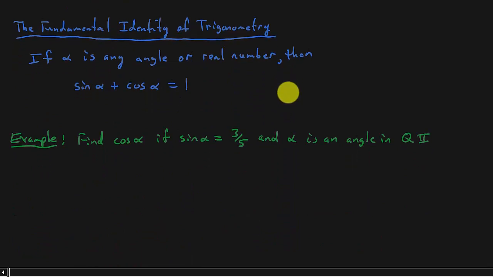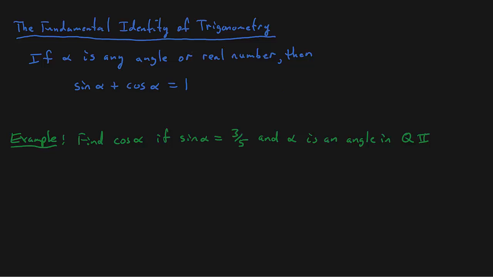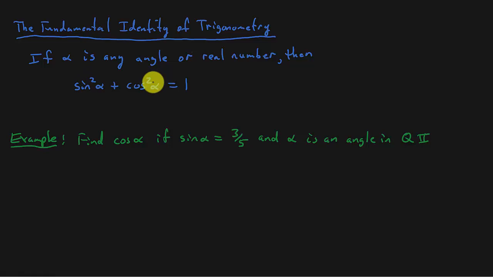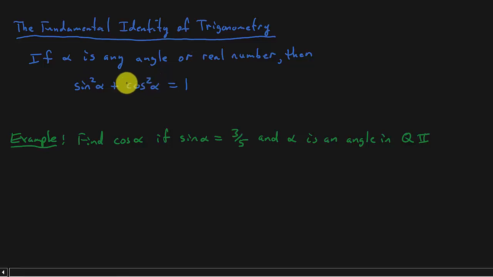All right, so the fundamental identity of trigonometry: if alpha is any angle or real number, then, well, look at that. I wrote that wrong, didn't I? Sine squared alpha plus cosine squared alpha is equal to 1. I left the squares off. I don't know why when I was writing these up, but that's sine squared plus cosine squared equals 1.